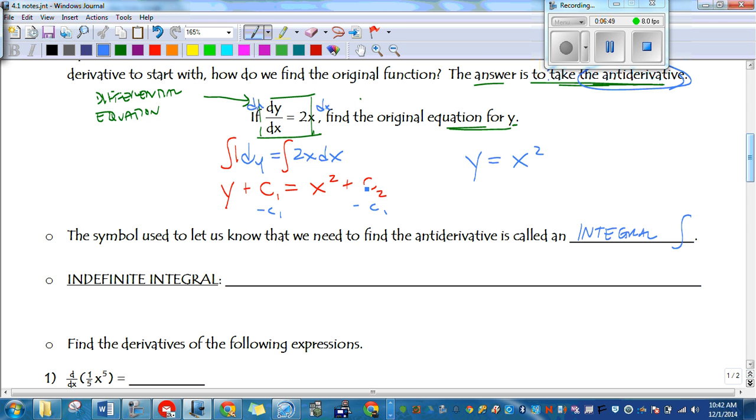If we take a constant minus a constant, we just end up with some other constant, so I'm just going to leave it as plus C. From here on out, in these types of problems, we don't have to worry about having a constant on both sides, because we'd just subtract one constant from this side to the other and end up with a plus C on the x side. So after this problem, we don't have to do plus C1, plus C2. We're just going to have the plus C on the side with the x. We'll look at those a little more further down the line.